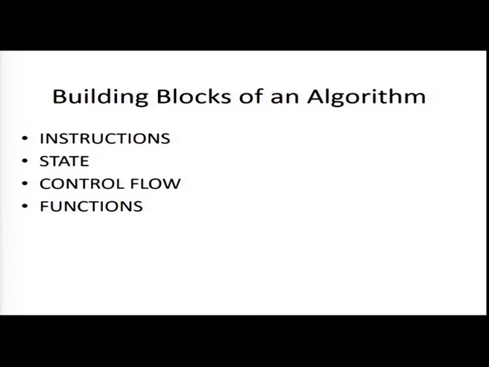An algorithm is built based on 4 different blocks. The first block is instruction, second is state, third is control flow, fourth is functions. I repeat, the building blocks of an algorithm are instructions, state, control flow and functions.